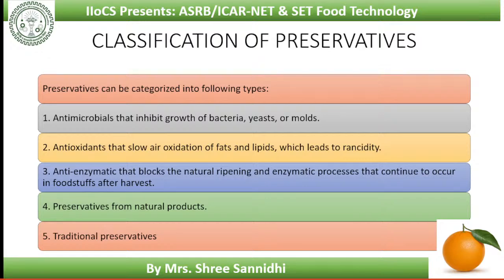The next type is anti-enzymatic that blocks the natural ripening and enzymatic processes that continue to occur in foodstuff after harvesting also. Then preservatives from natural products, then traditional preservatives. So what are the five types? Antimicrobials, antioxidants, anti-enzymatics, then natural preservatives and traditional preservatives.